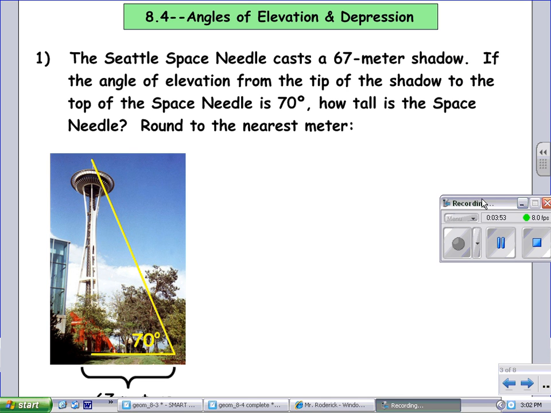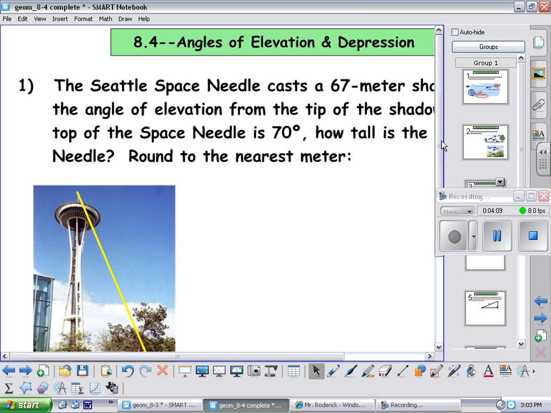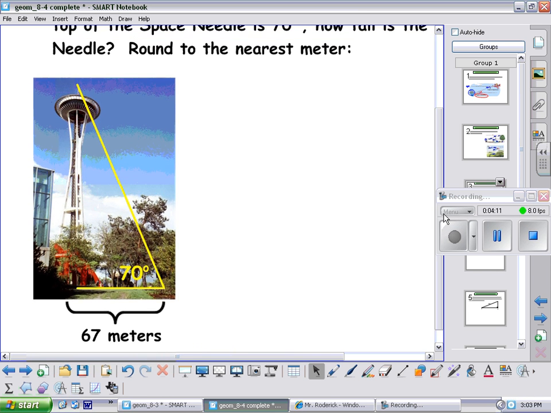It's just the vocabulary that's in the question, right? So the Seattle Space Needle casts a 67-meter shadow. Okay. So a 67-meter shadow here. And let me pull this down here a little bit so you can see the picture full.